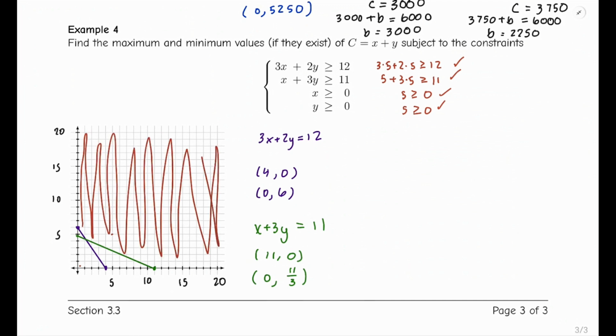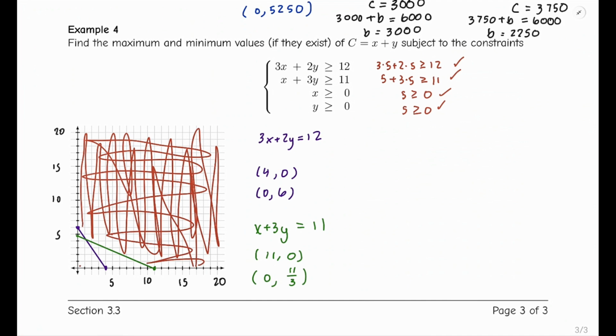So the reason why this is different than all the other ones we've done is it's not bounded anymore. So remember, if you read the definition, we may not have solutions this time. But if we're going to have solutions, they still have to occur at the vertices.